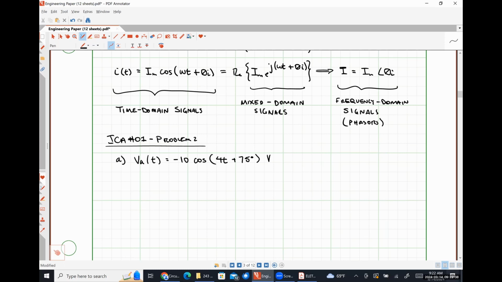Effectively, we're almost exactly where we need to be to convert directly into a phasor. The only real issue that we have is that we were told that we want things to have positive magnitudes. So how do you guys think we're going to get rid of that negative sign out front?